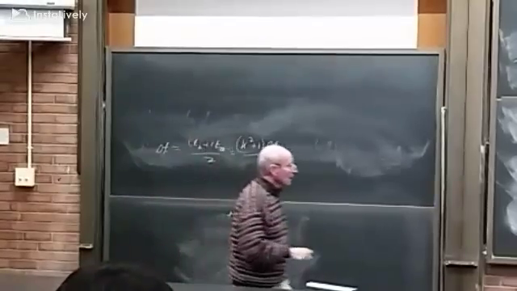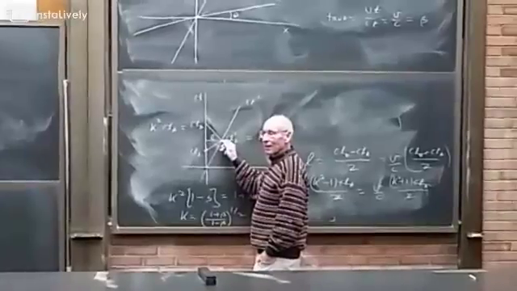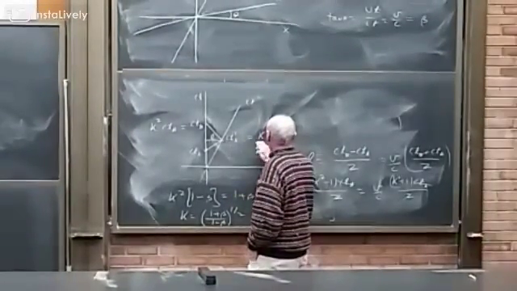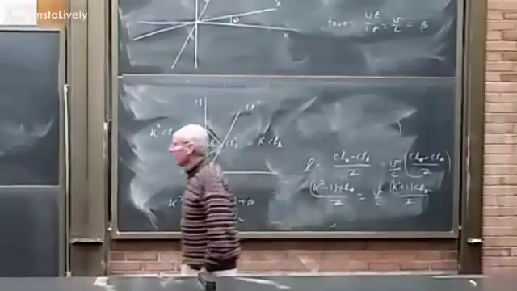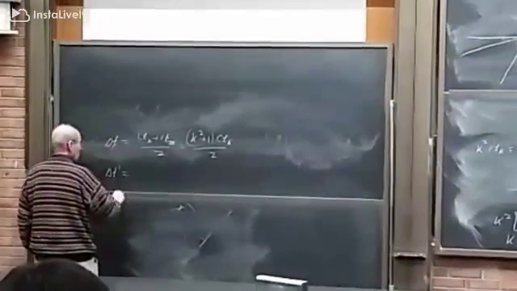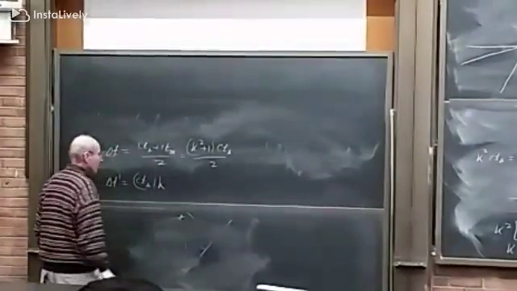The time interval on this clock I'm looking at is CTA times kappa. So this is delta t. This is delta t prime. CTA times kappa.